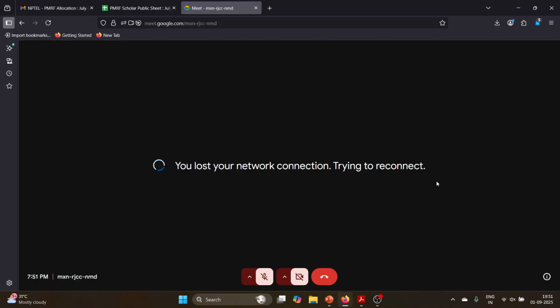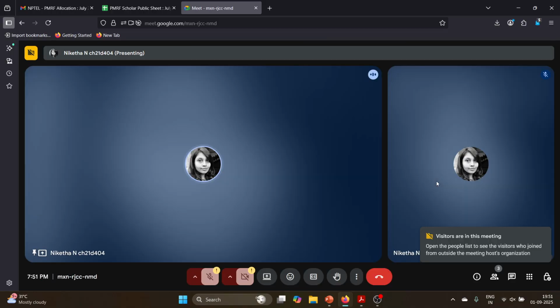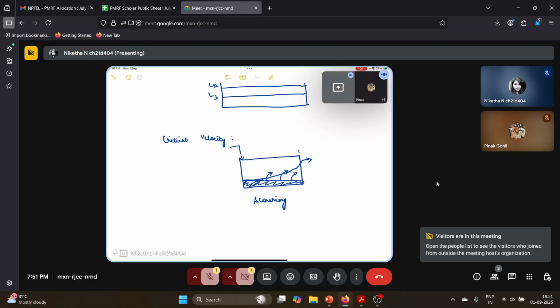The velocity at which this happens is very important because there should be water flow, of course, but it should not be so high that the bottom is also disturbed and scouring happens. So we need to maintain the velocity such that scouring doesn't happen. The velocity at which scouring happens is called the critical velocity.